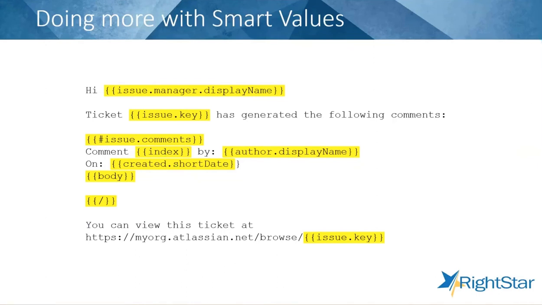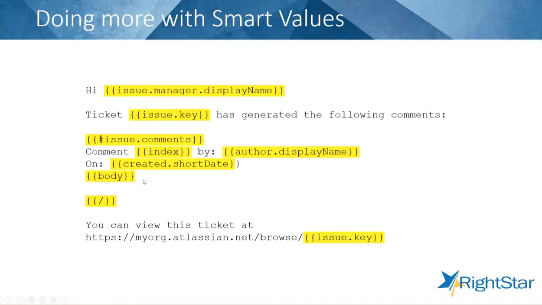Okay, so we've looked at the smart values. In order to become more confident in using smart values, what you will need to do is go back to the Automation for Jira web pages, because you will find on there dozens and dozens of functions that you can associate with this. For instance, if you only wanted the first number of characters of the body, you can have a function that will limit how many characters come out.